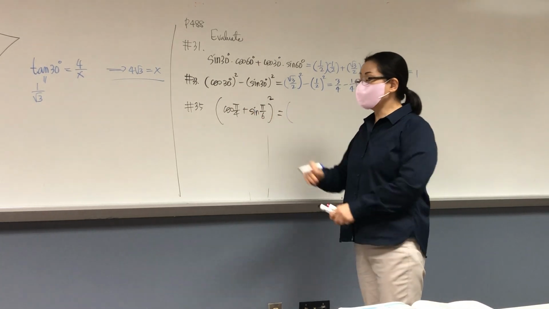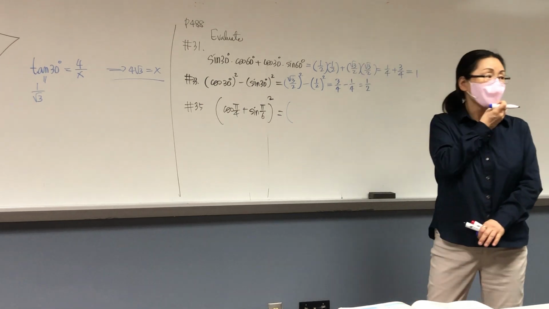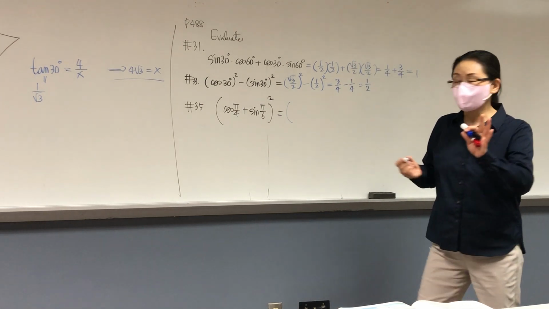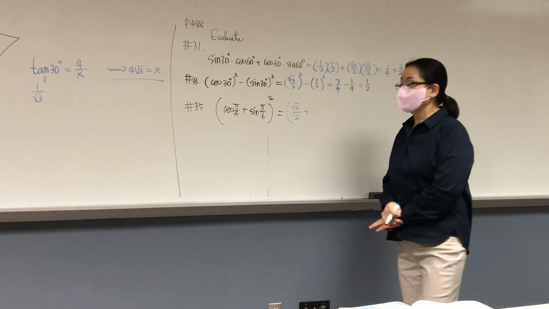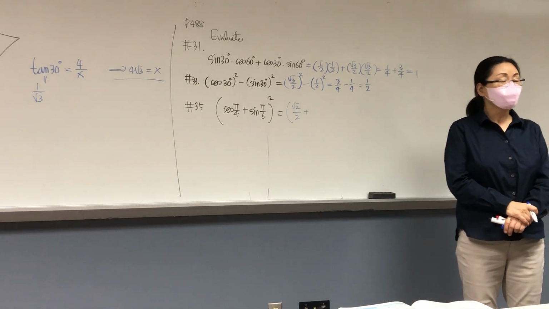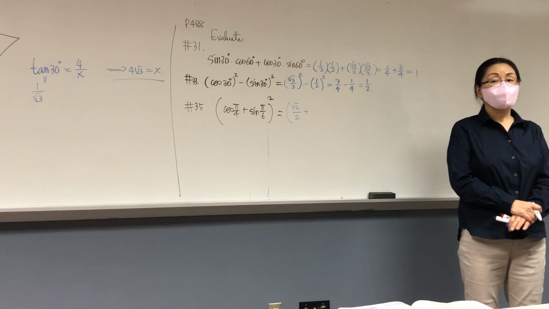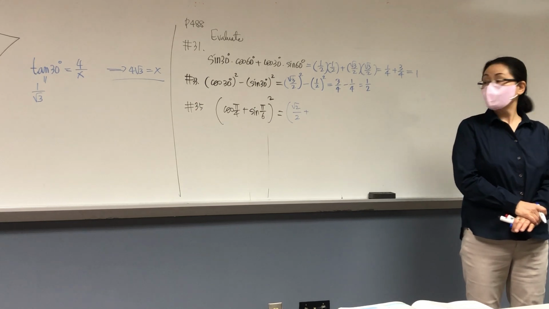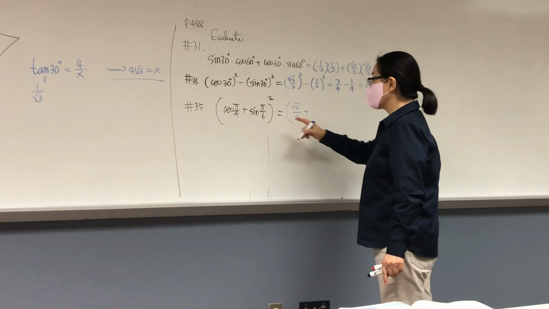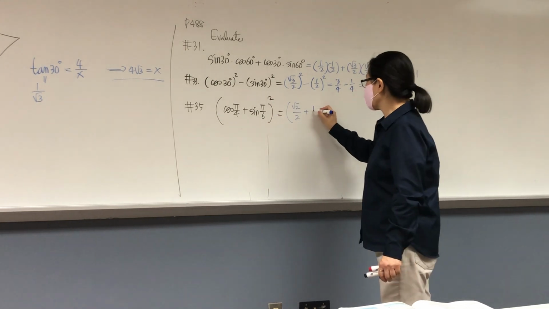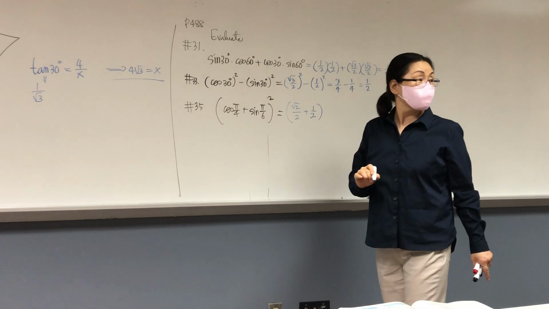What is the cosine pi over 4? 1 over square root of 2. Let's write down this time: square root of 2 over 2. Plus what is sine pi over 6? Oh, sorry, I was thinking of pi over 4. It's 1/2. Yes.